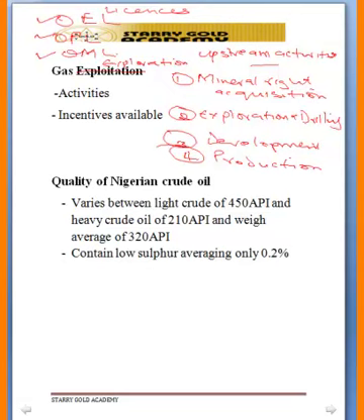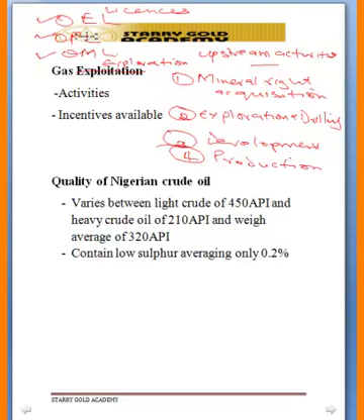Now, that is another sector. They are also beneficiary of some incentives by the federal government. What are the incentives that are available to the companies in the gas sector of that industry?